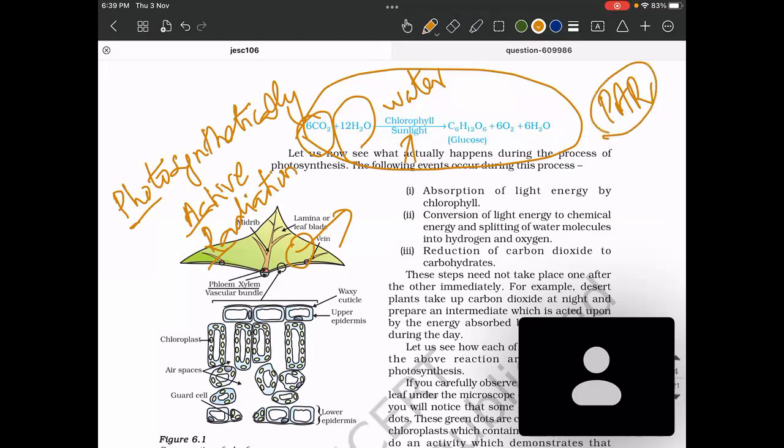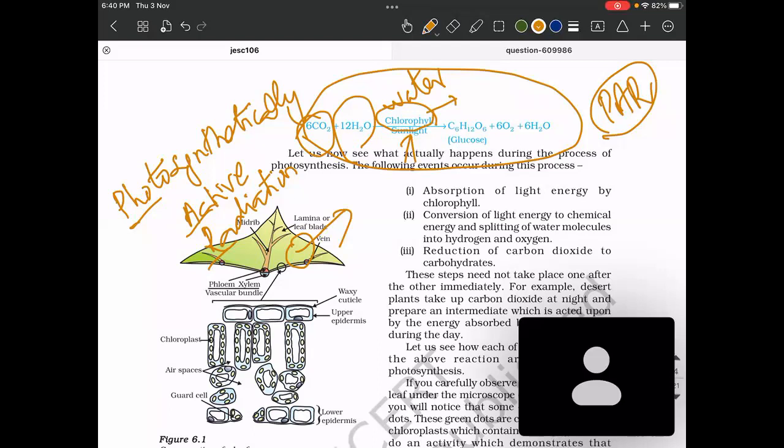PAR means what? Photosynthetically active radiation. It is absorbed by chlorophyll, the light harvesting complex. Chlorophyll is actually called what? The light harvesting complex. Okay, it absorbs the PAR.